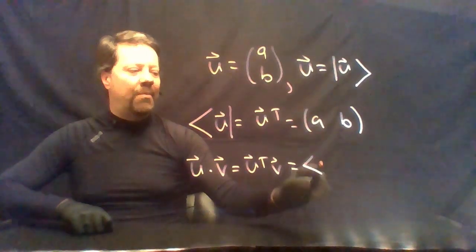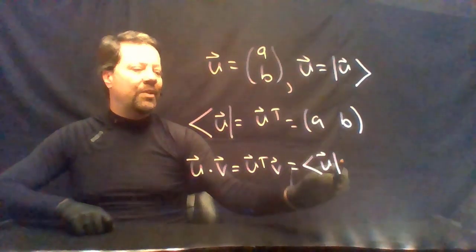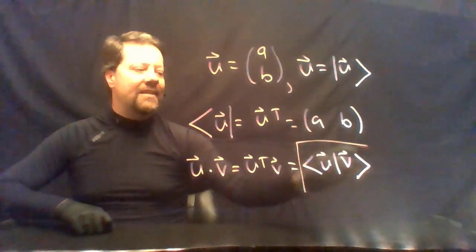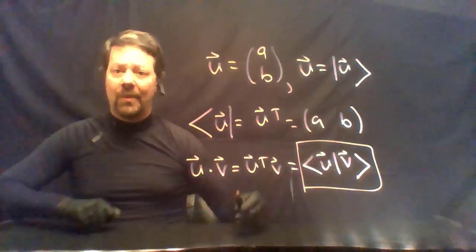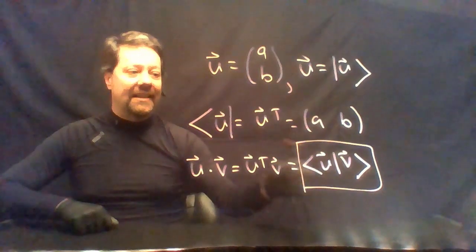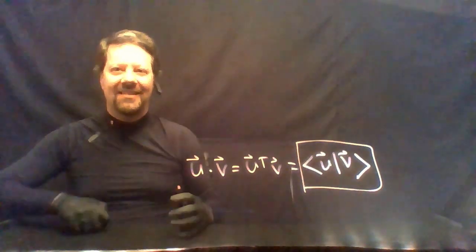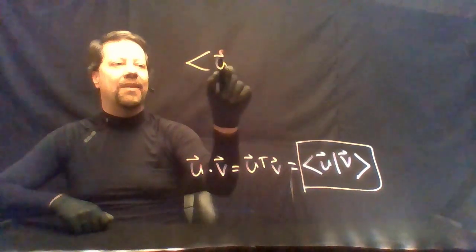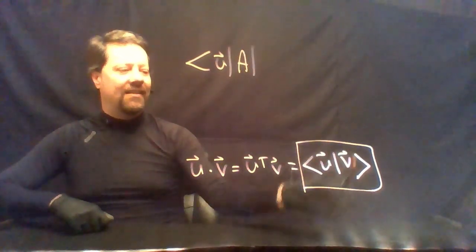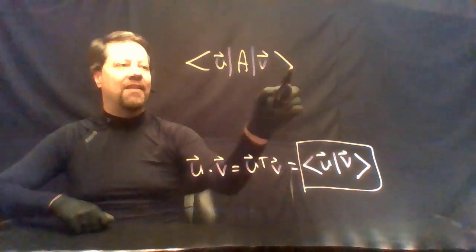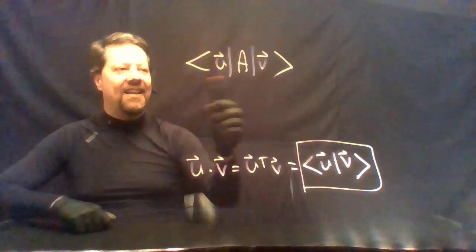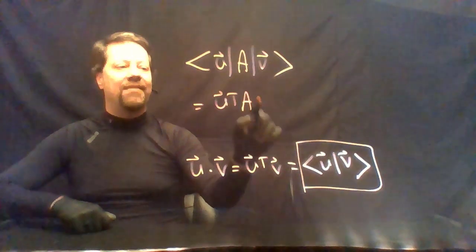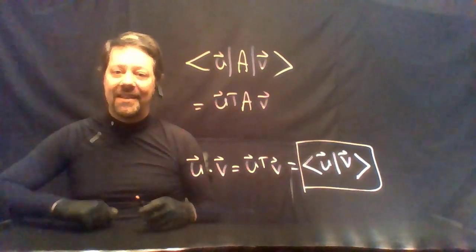That ends up being the bra for u multiplied onto the ket for v. When I write something like this in quantum theory, I'm just taking a dot product. More generally, in quantum theory, we sometimes put a matrix in between the vectors u and v. And then we end up with the same thing as u transpose A v, and we've seen that before.